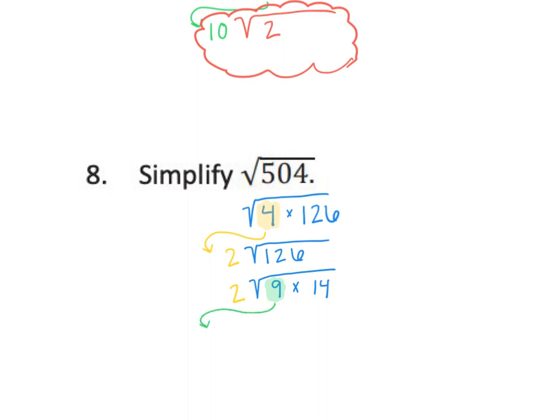It's a 3, so I'm going to move this to the outside along with my 2 that was already out there. And now all that's left on the inside is 14. 14 is not going to be divisible by a perfect square, so we're going to leave that inside. And the last step we have here is to simplify 3 times 2. 3 times 2 is 6. So my final answer here is 6 root 14.